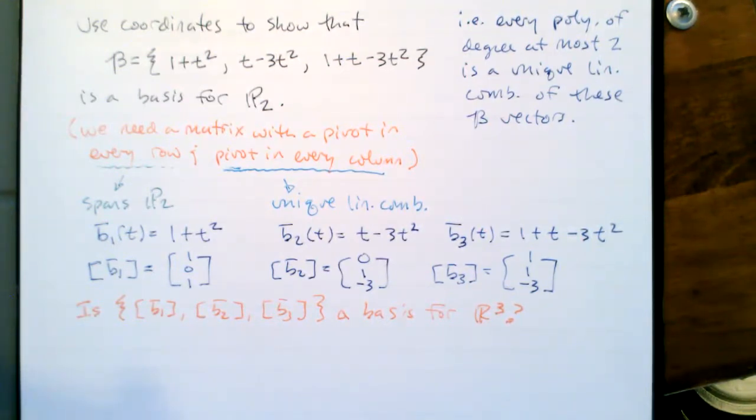So now we have this new fancy polynomial question, and it is the same as the old question that we've had before. Is this set of vectors a basis for R3? Is everything in R3 a unique linear combination of these three vectors? And the way we're going to find that out is to put them into a matrix and find the reduced row echelon form.